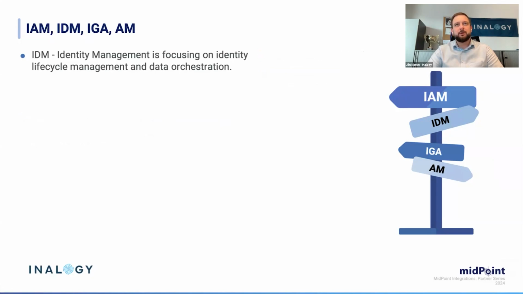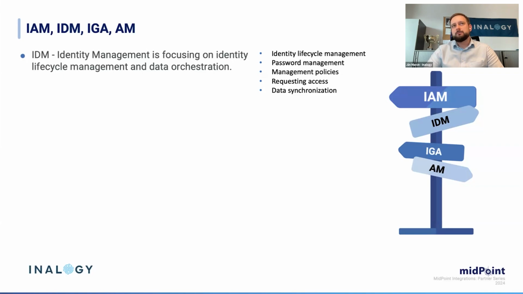We can imagine the module which is responsible for identity lifecycle management, password management, managing and defining policies, providing functionality for requesting and approving access, and data synchronization, which basically means that identity management systems are pretty good at integrating with other platforms and exchanging modified or pre-calculated data with other systems.